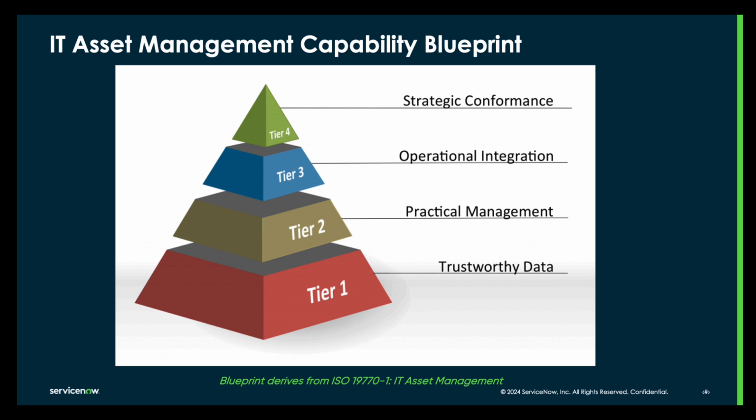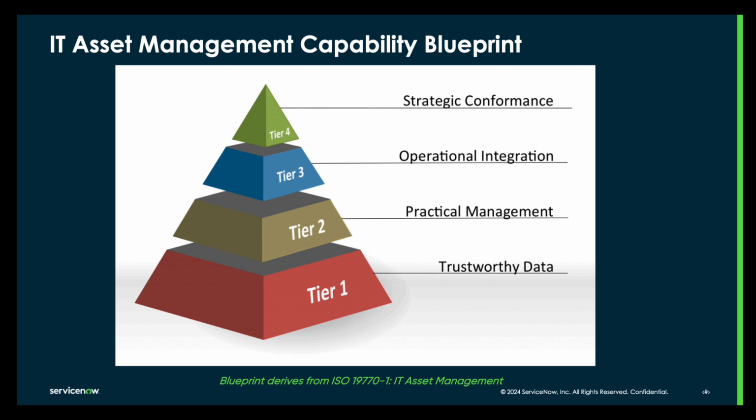As we know, ITAM personnel need to have accurate records of assets through their life cycle to be able to report on them to make smart business decisions. Asset managers want to track them in ServiceNow as a single source of record from receiving through disposal.